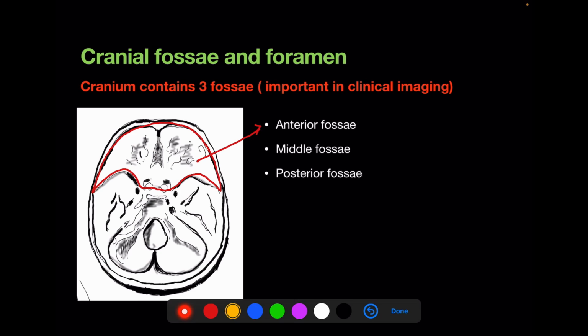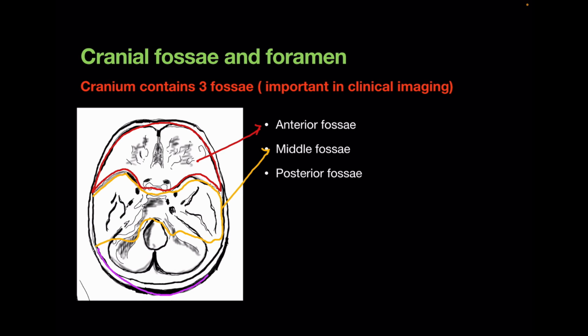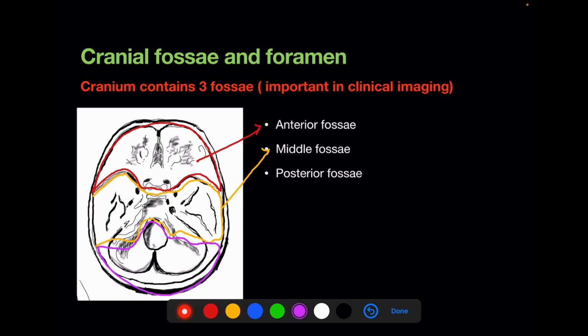Next one, that is middle fossa, which extends from here to here, and the last one, that is posterior fossa. This is middle, and the last one, this one is posterior fossa.